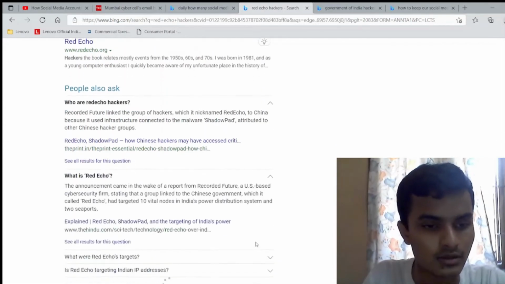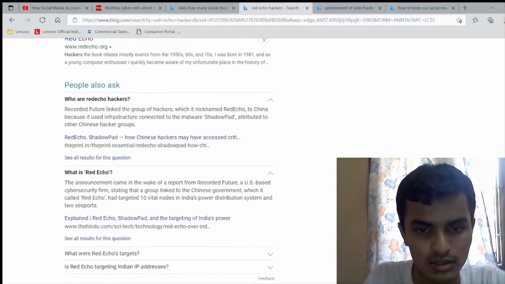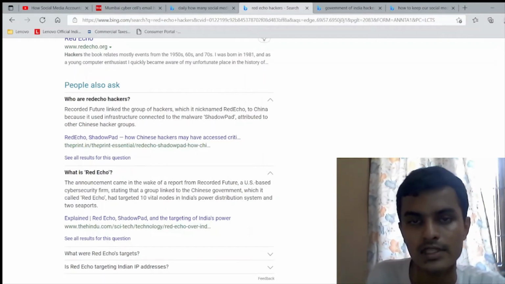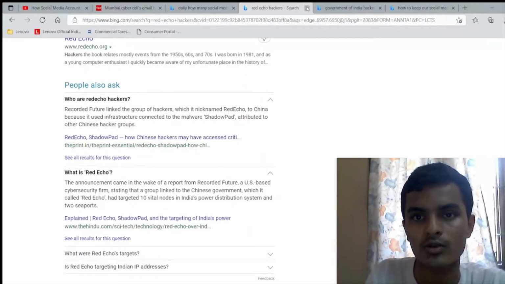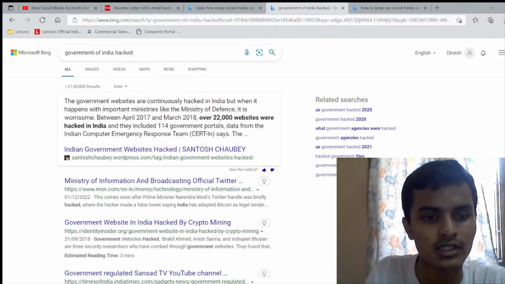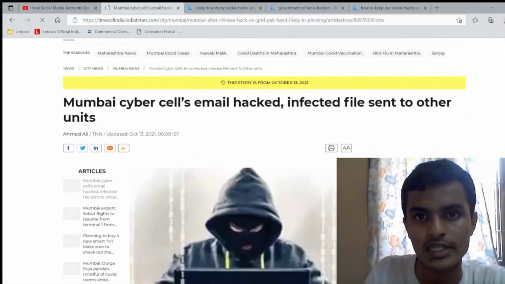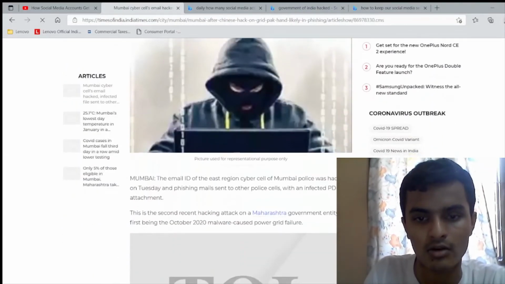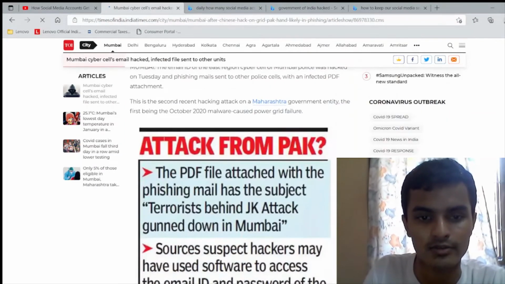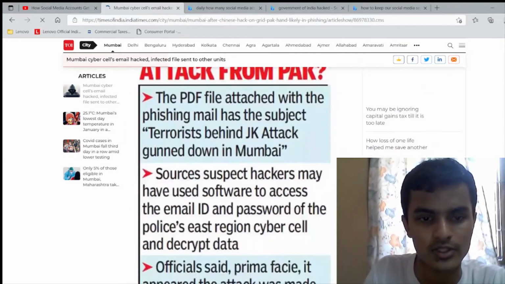If you Google it, this is the Google information. In simple words, they are the most powerful hackers in the world. If not powerful, they are the most malicious hackers, because they are not white hat hackers, they are red hat hackers. So there are types of hackers. This was the news article.